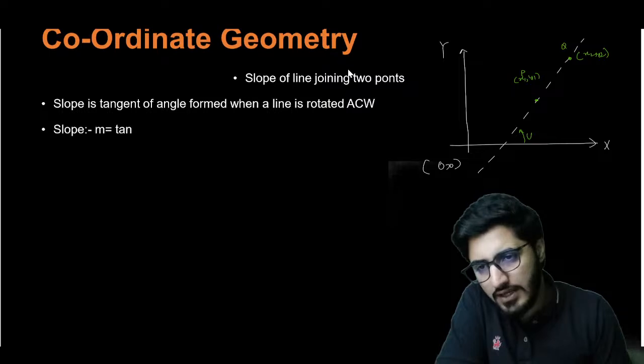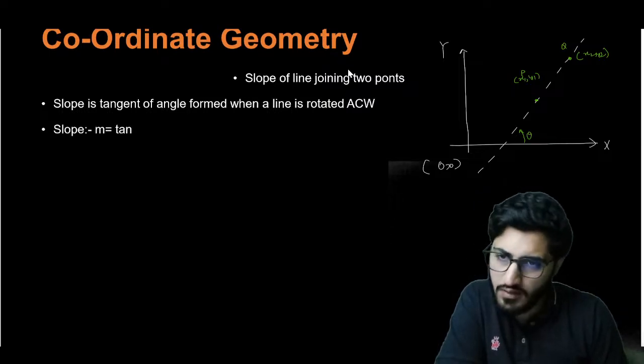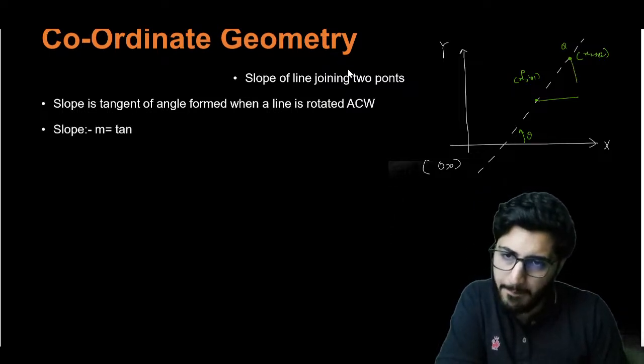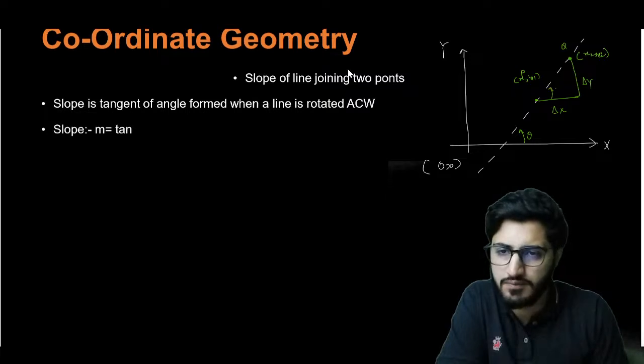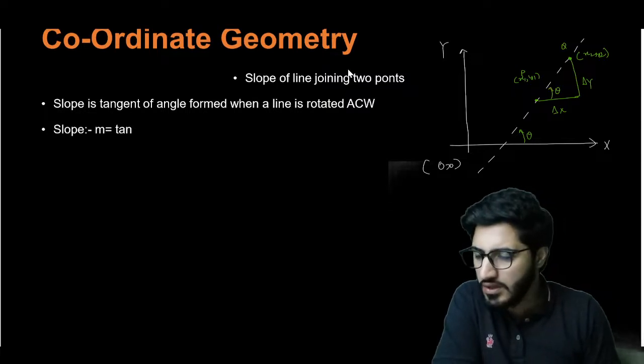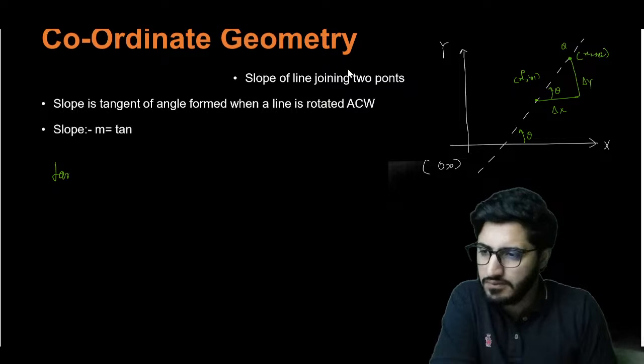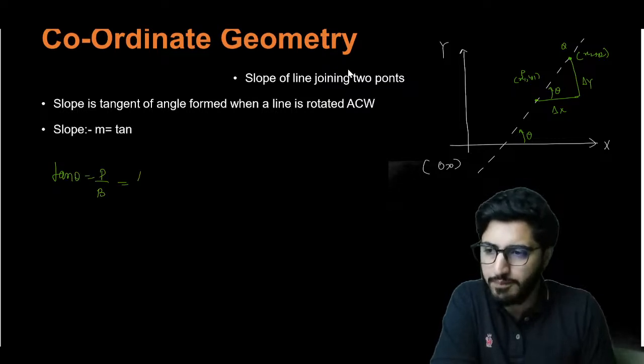And let us suppose the angle is theta. So I can do like this. This one becomes delta x, this one becomes delta y. So if this is theta, this is also theta now. Okay, now what is my tan theta? P by B. What is my P? Delta y. What is my B? Delta x.